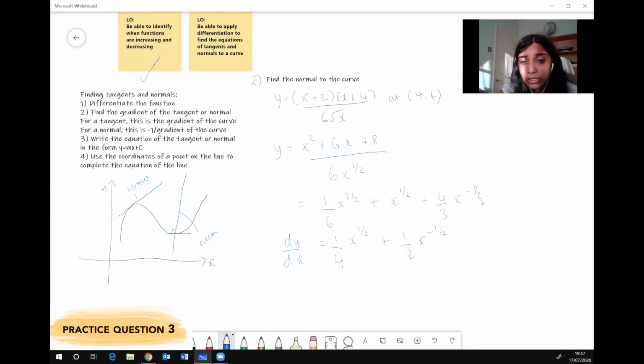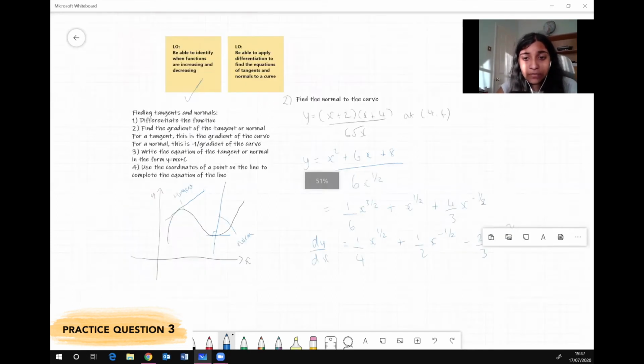And then we want to do 4 over 3 times minus 1 over 2, which cancels down to minus 2 over 3, x to the power of minus a half minus 1, which is just minus 3 over 2.